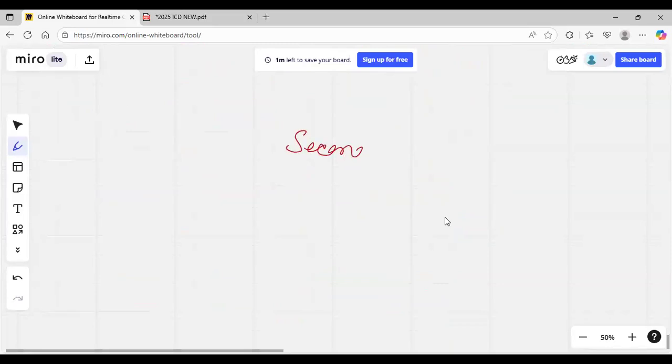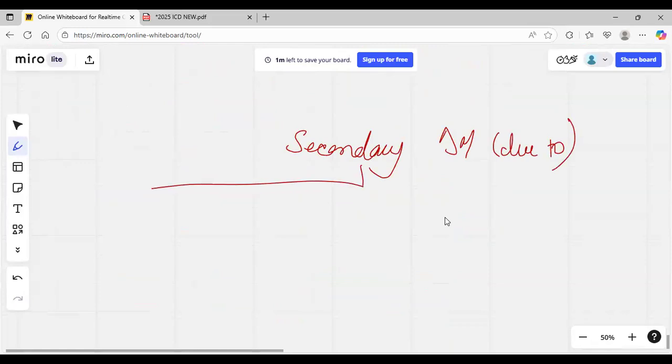Secondary diabetes means patients have the diabetes due to any other condition. Whenever a patient has diabetes due to any other reason, in that case, you have to use a code for the secondary diabetes.